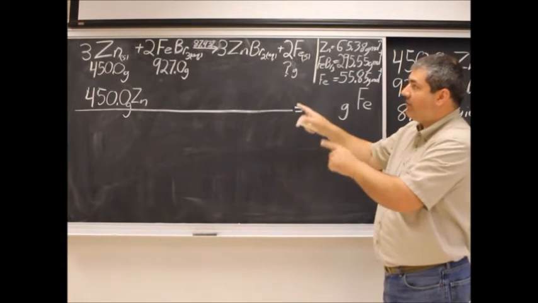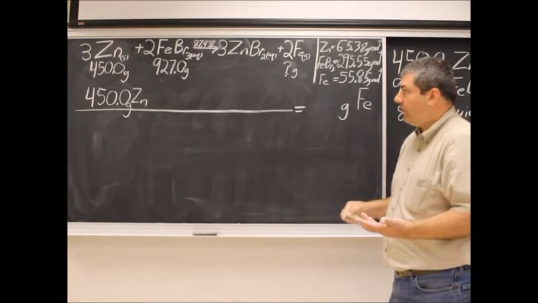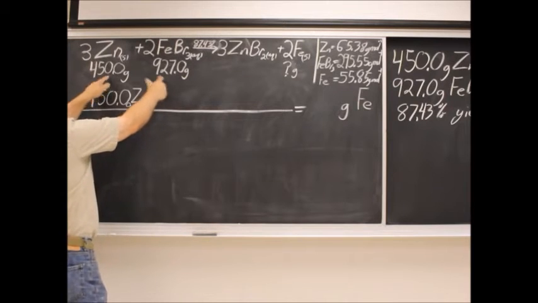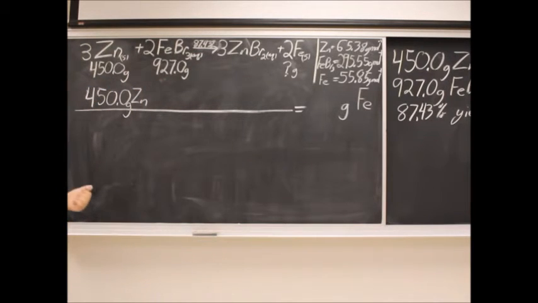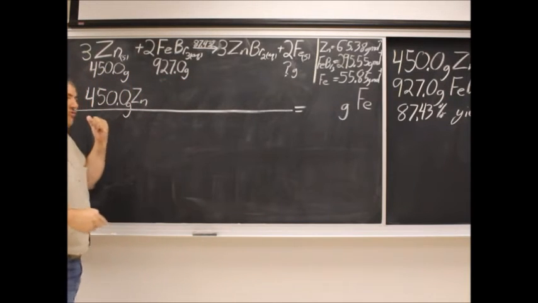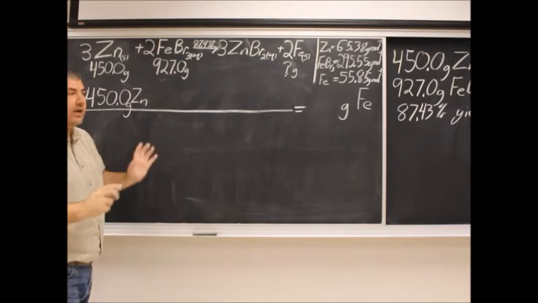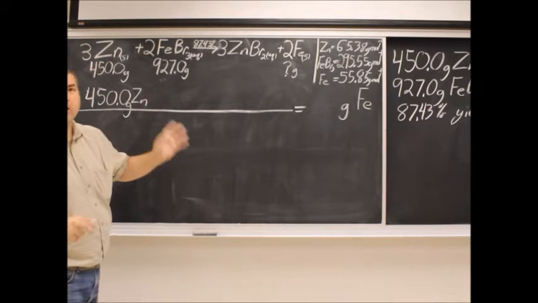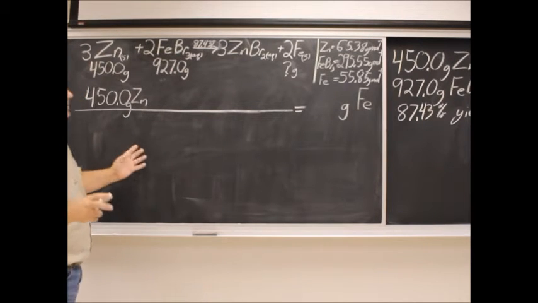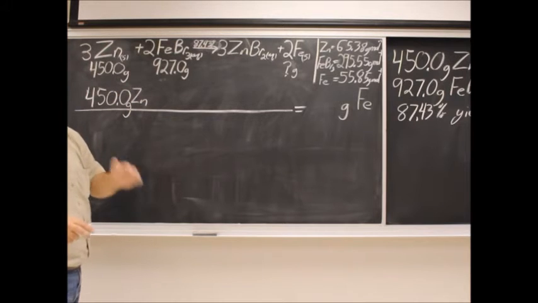But when I'm given a mass of each one, that means I have to figure out which one I run out of first. The other mistake is taking these two values and adding them together. You have to realize that the calculations are going to be separate. And it is so tempting to just smush everything together to do one equation, but that's horribly wrong and won't give you anything even worthwhile. So you have to do it separately, recognizing that one of the calculations is going to be wrong.